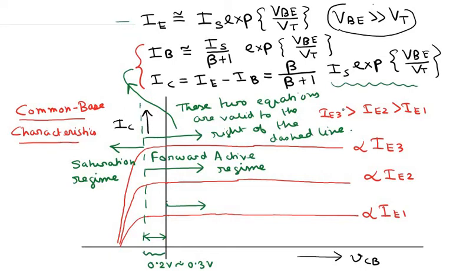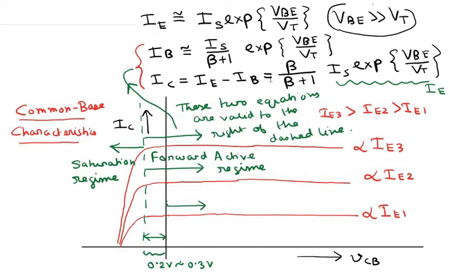So what we are writing here in this equation is actually IC equal to alpha times IE. So this part is actually IE. So we have written IC equal to alpha times IE, but in a different way.